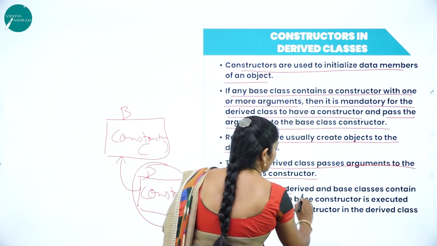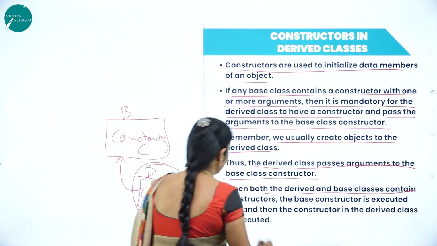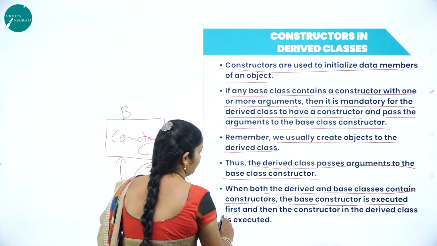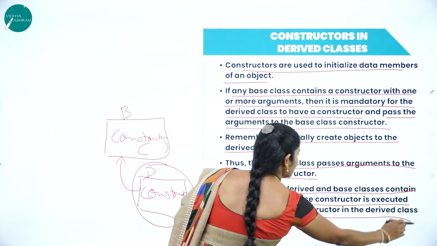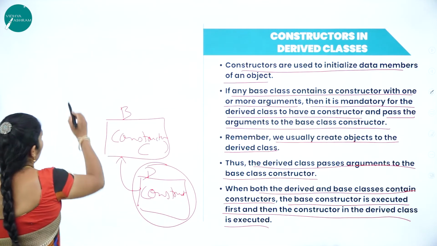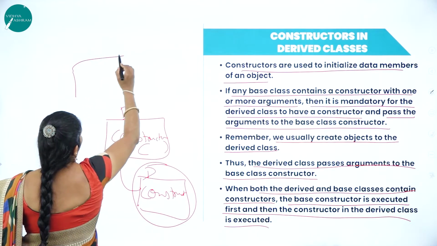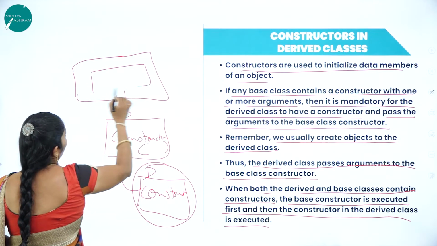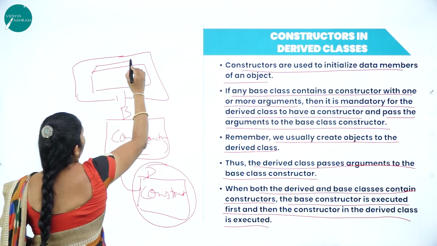When both the derived and base class contain a constructor, the base class constructor is executed first and then the constructor in the derived class is executed. Consider we have a compound and a home.